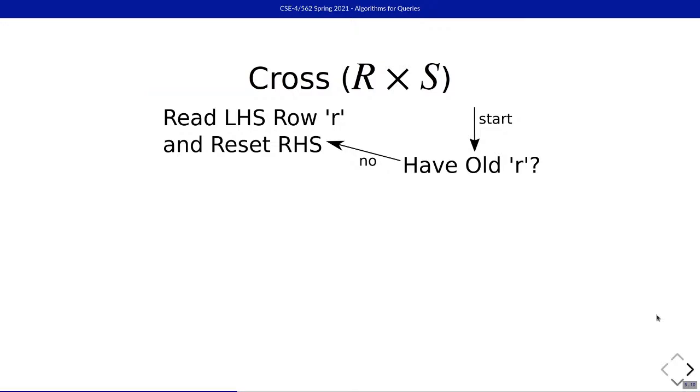Okay, so now we have a tuple from R. The next thing we need to do is get a corresponding tuple from S. Sorry, I'm skipping a step here.